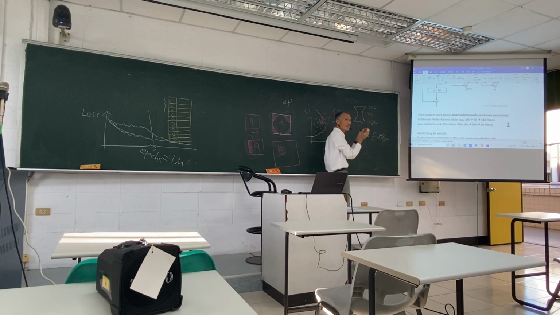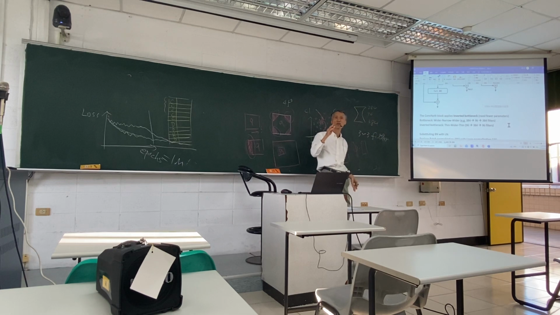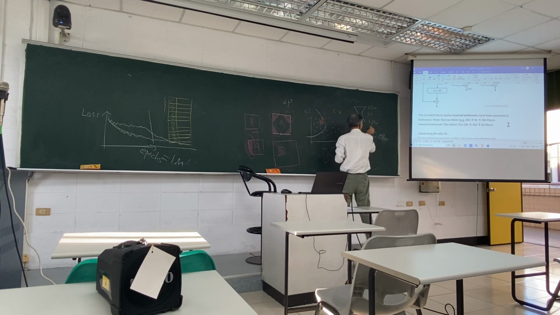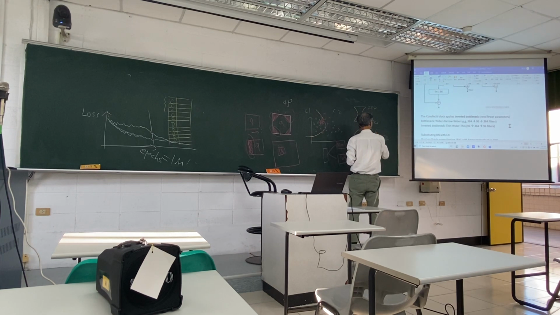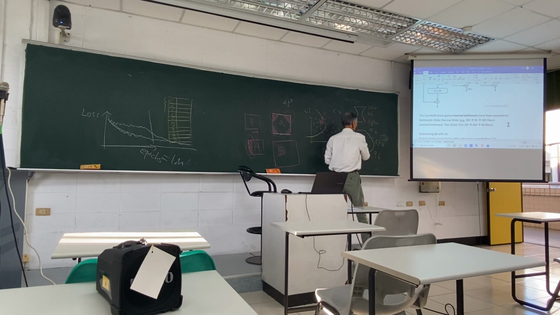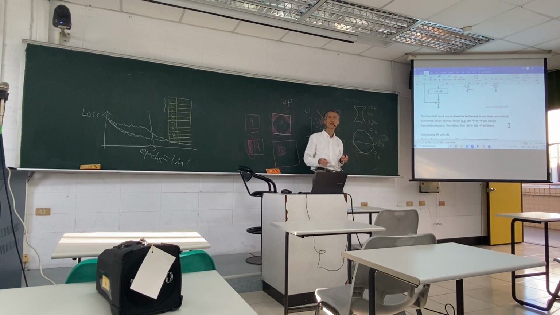That's the bottleneck. The numbers here mean the number of filters. But ConvNeXt used the inverse bottleneck, which means the middle is wider. It's called inverse. That's the first thing.